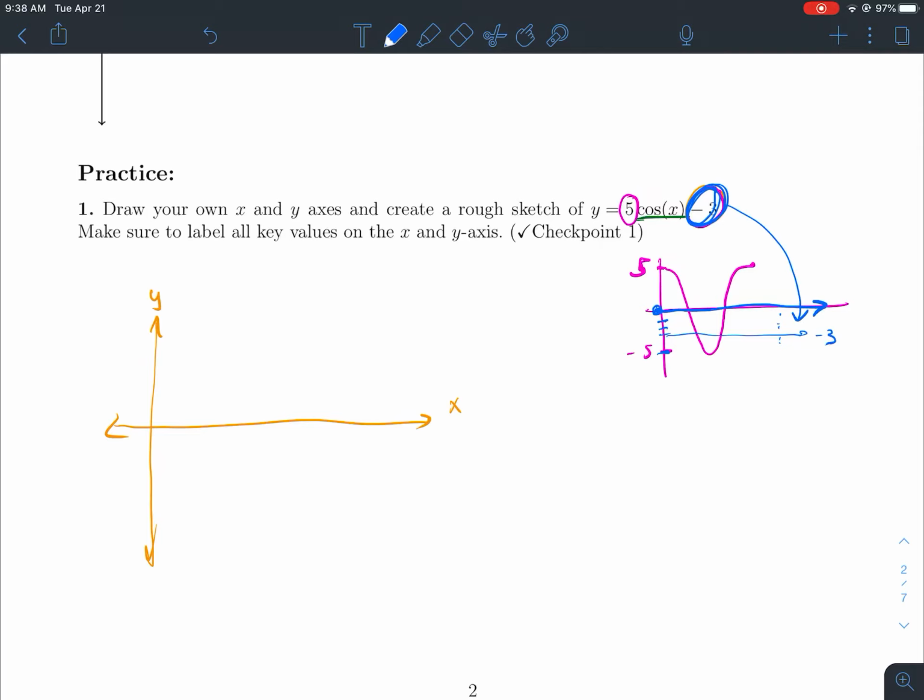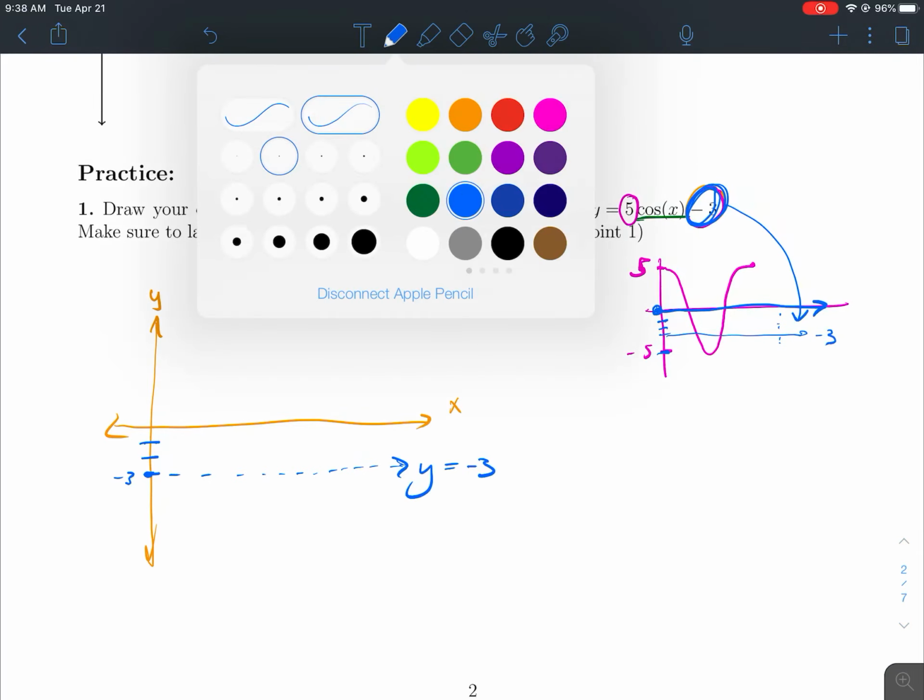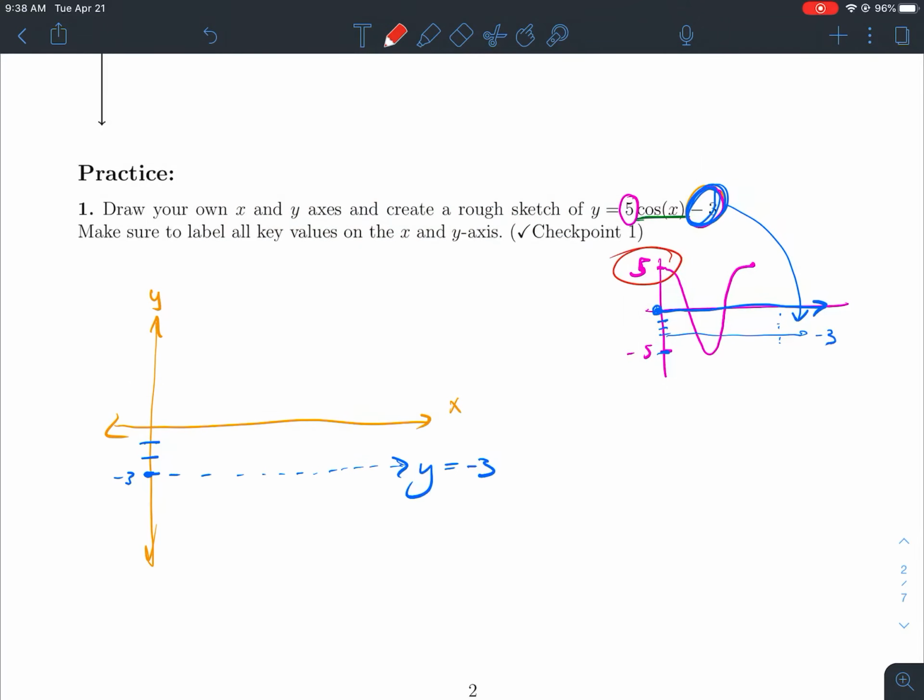All right, so let's see how this looks in our picture. I feel like we've got a basic idea for how things are coming together. So we're going to move the midline down 1, 2, 3. So now the midline is y equals -3. Cosine always starts at the maximum value.